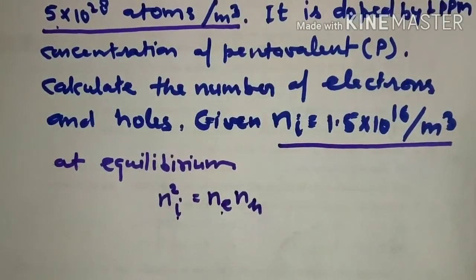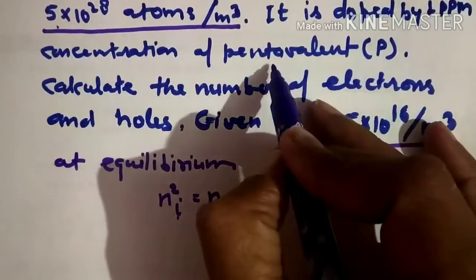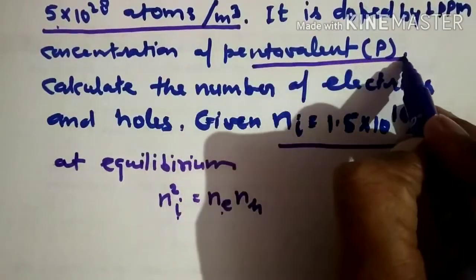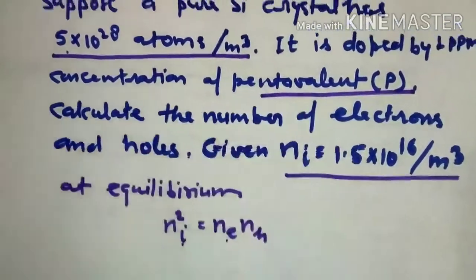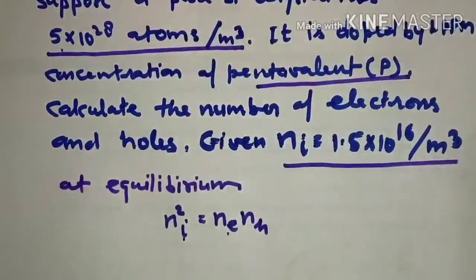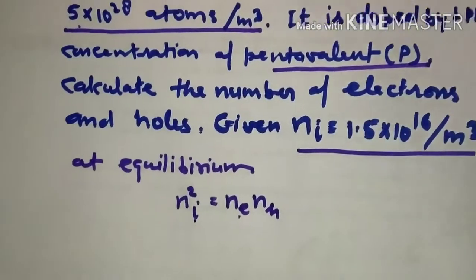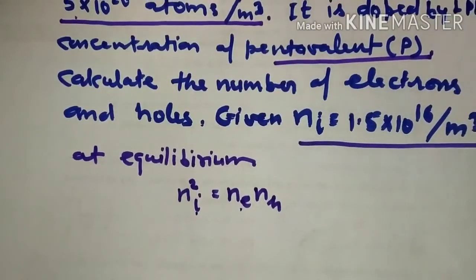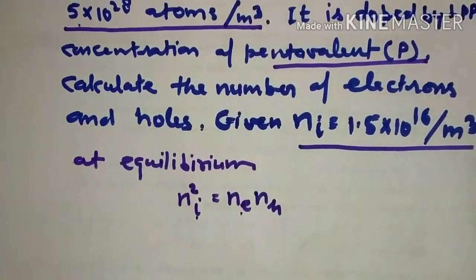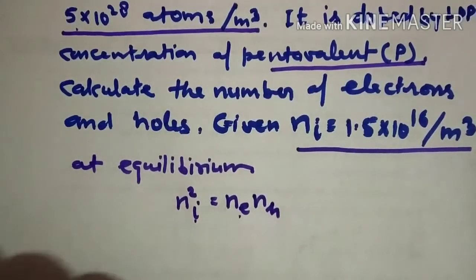Just to recall, when we were studying the extrinsic semiconductor, in the N type semiconductor, when pentavalent impurity is added, this pentavalent impurity provides 1 electron per atom.